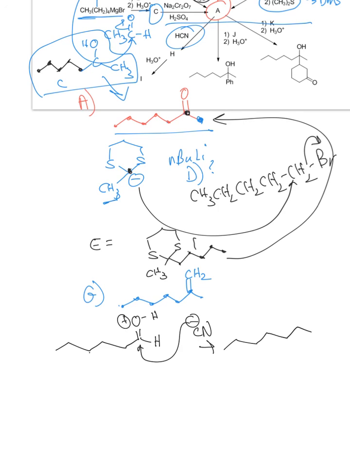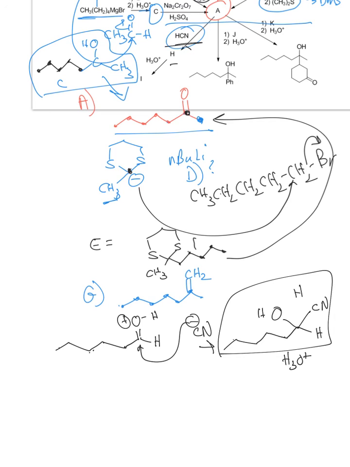You're going to make a cyanohydrin. So there's CN and that's the OH. And we've talked about cyanohydrins. So that's the structure for H, the cyanohydrin. And then with acid, you're going to make structure I.